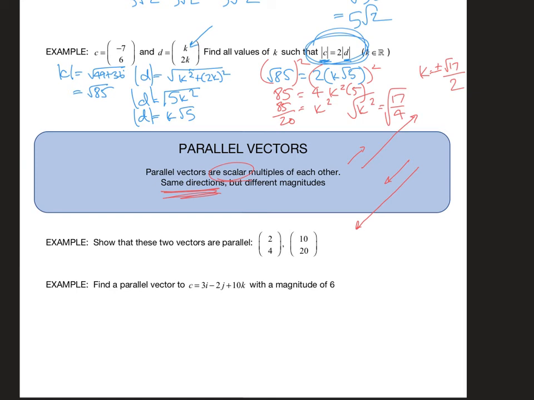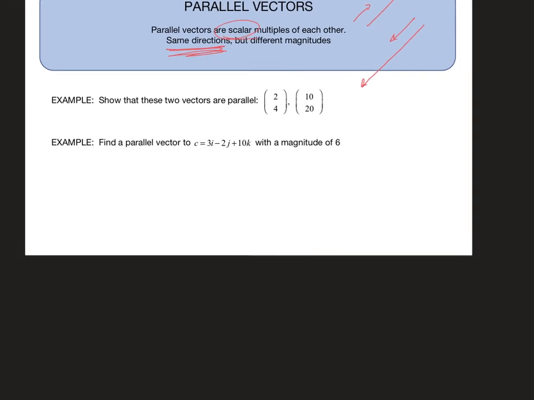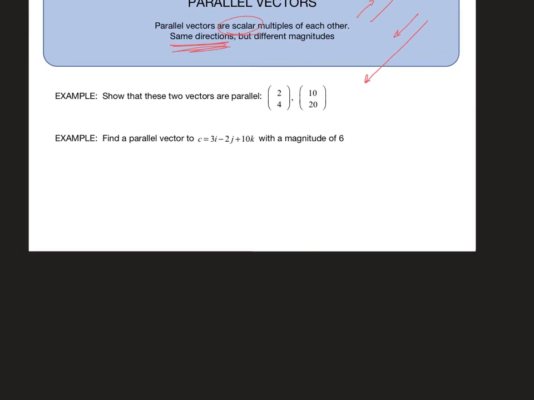So to show, for this example, let me scoot this up. To show that these two vectors are parallel, I just have to show that one of them times some sort of a scalar equals the other one.